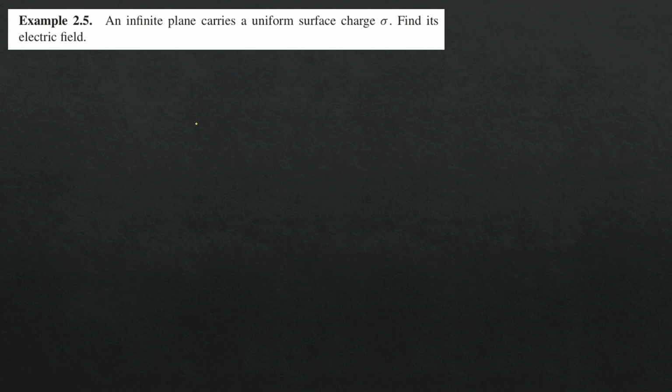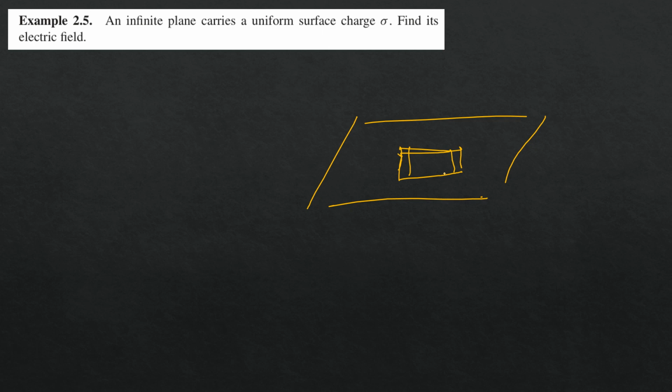Just one line. Okay, infinite plane is there. It carries a uniform surface charge sigma. Electric field will be something like this, isn't it? So what I have to do is I have to take an element of this. I always take elements.